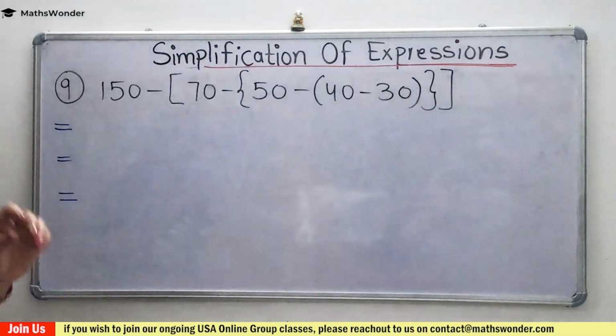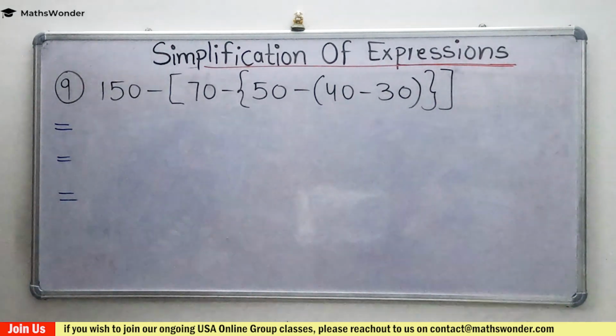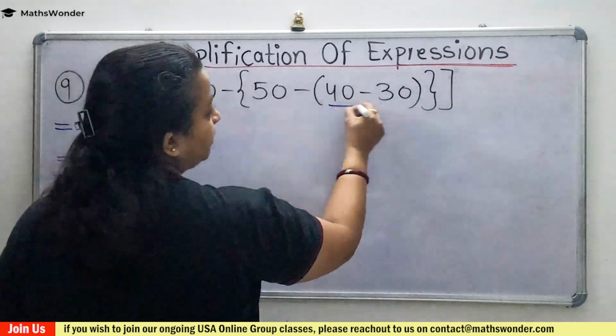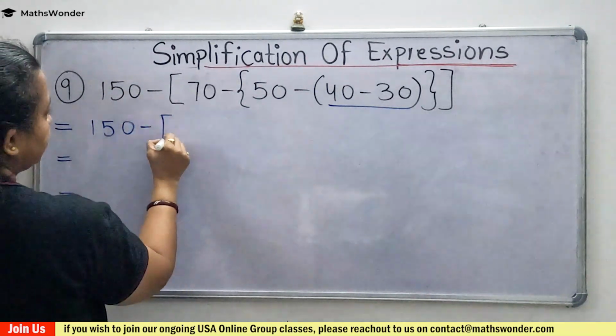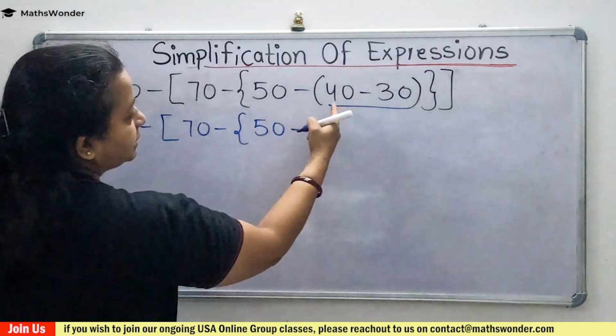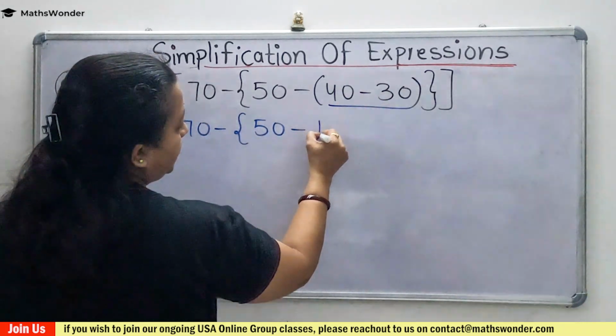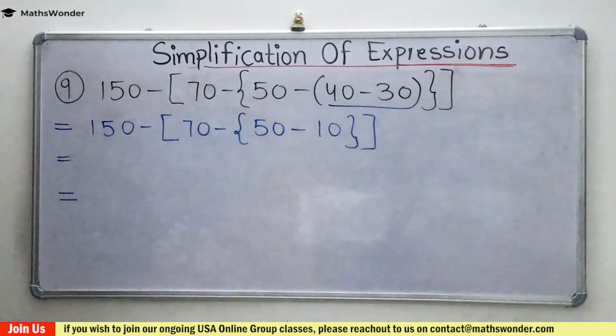In this ninth question, which part you will solve first according to the rule? Parenthesis. Which parenthesis first we will solve? The smaller one, this one, right? So the remaining you will write. 50 minus 40 minus 30 will be 10. The remaining you will close it.